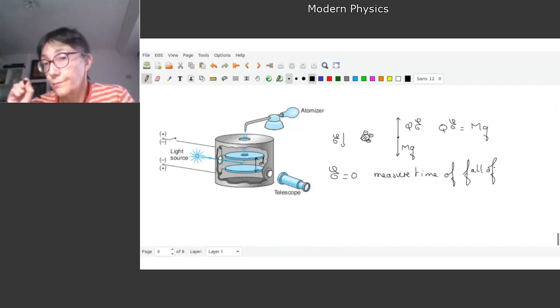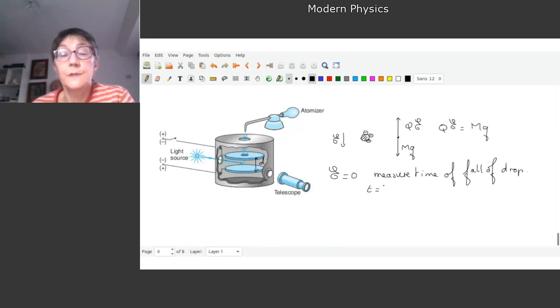You have to follow a given oil drop. Or you can have something better: you can measure this distance quite precisely, D over the velocity of fall.